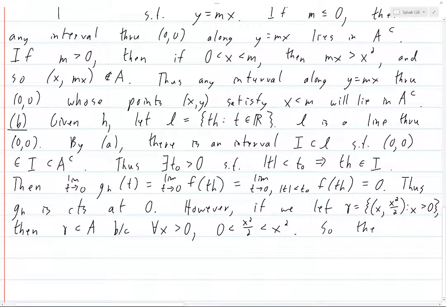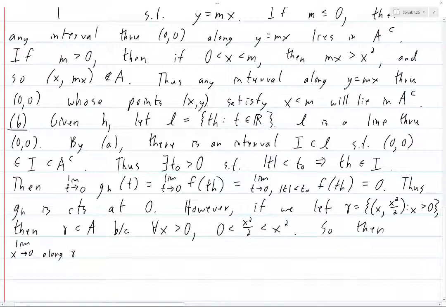So then, the limit as x approaches 0 along the curve, so I'm going to write x approaches 0 along gamma.